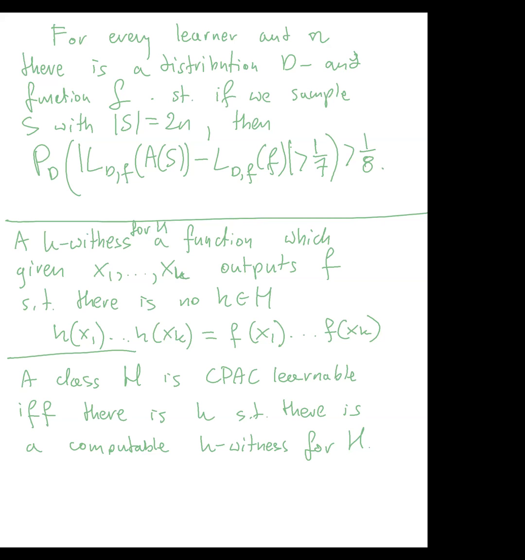Not sure about the general case. Probably not. I think the answer is that there might be a class which is PAC learnable when we only have to learn functions from H, but which has infinite effective VC dimension, so that there is no computable witness for any k.